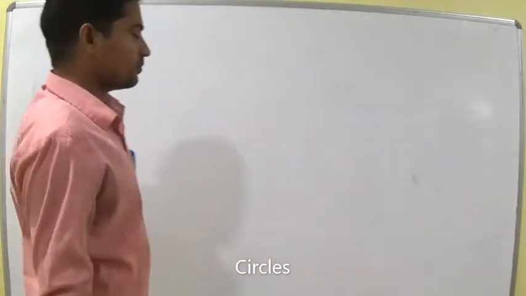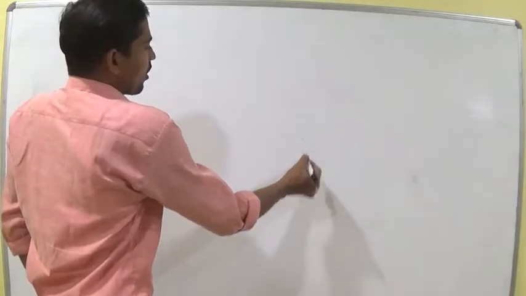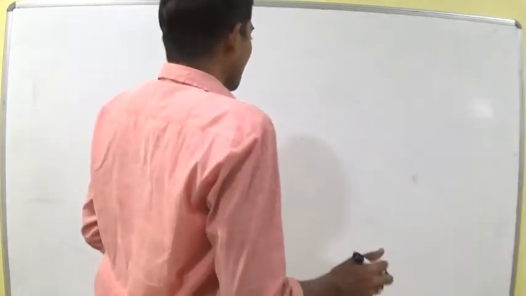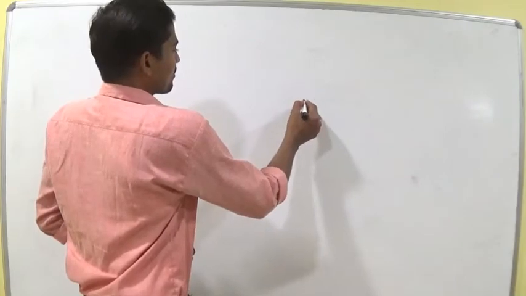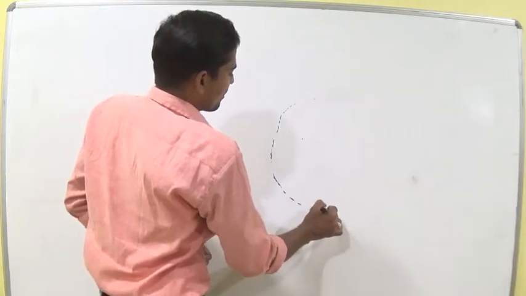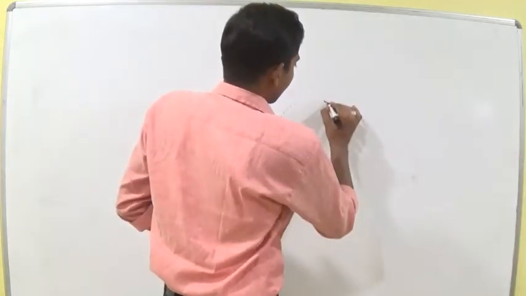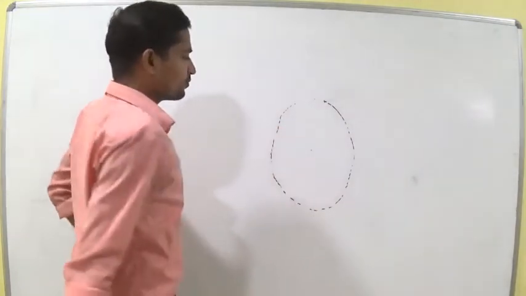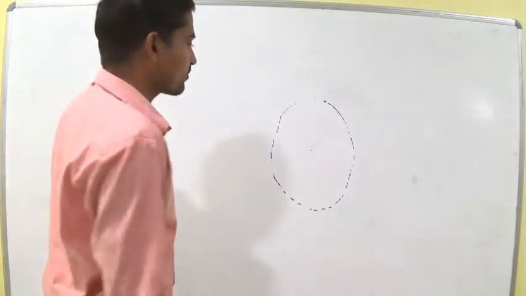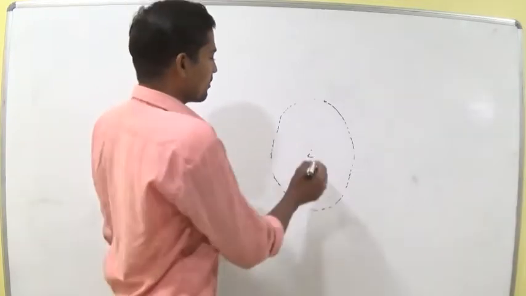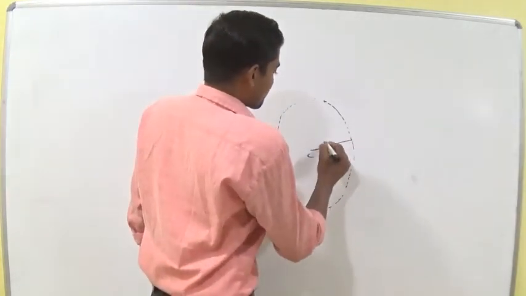On a plane, the set of points from a fixed point with fixed distance is called... The fixed point is called center and the fixed distance is called radius.